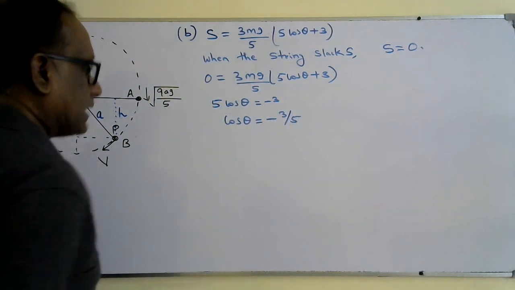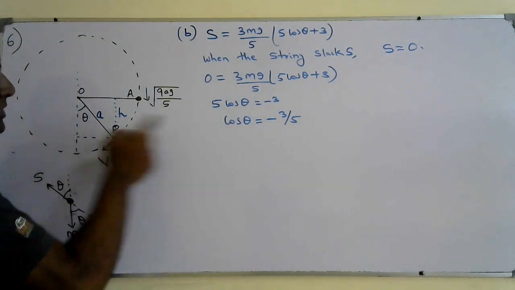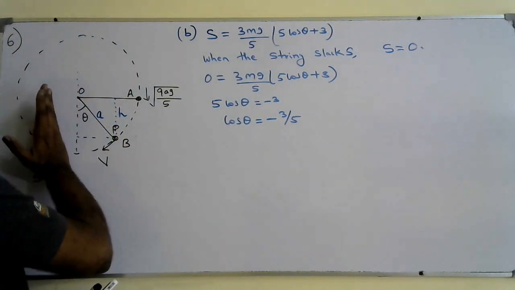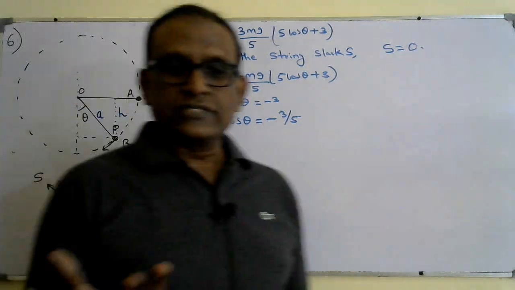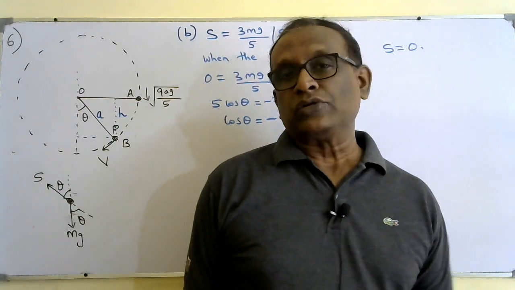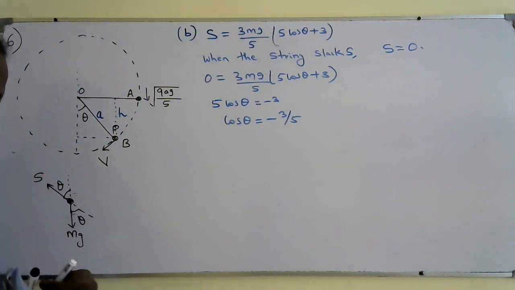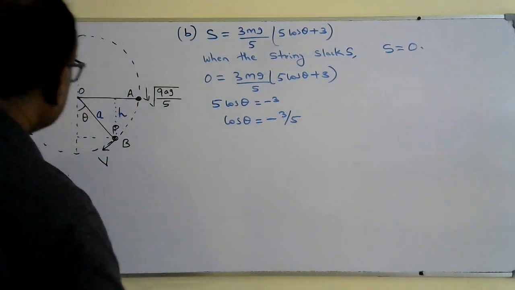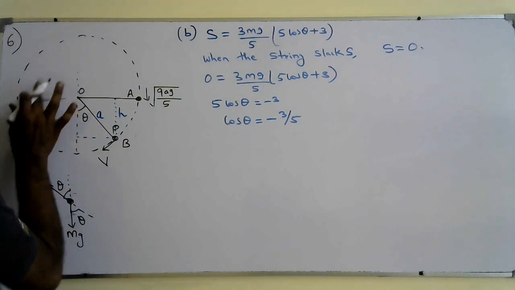What does the minus sign mean? We are measuring the angle from here with the vertical line, and the particle is moving in this direction. Cos theta equal to minus 3 by 5 means, by using a calculator to find theta, it will be 126 degrees. So 126 means it will be somewhere here. This is 90 degrees; I draw the horizontal line.